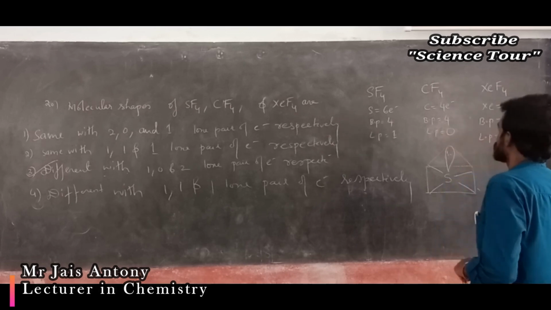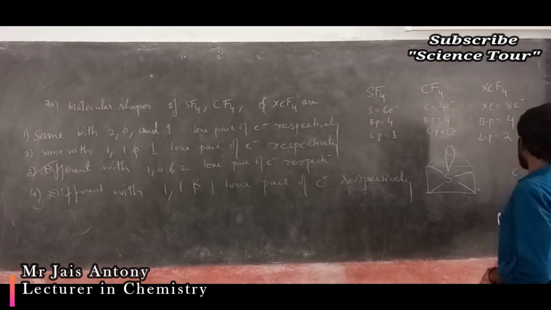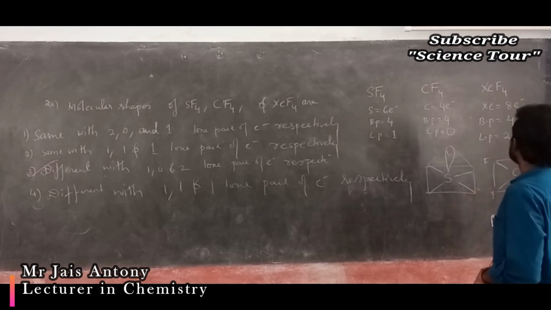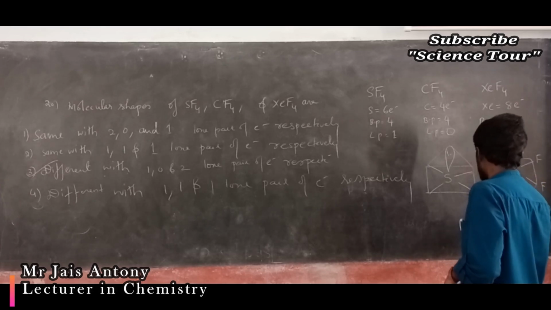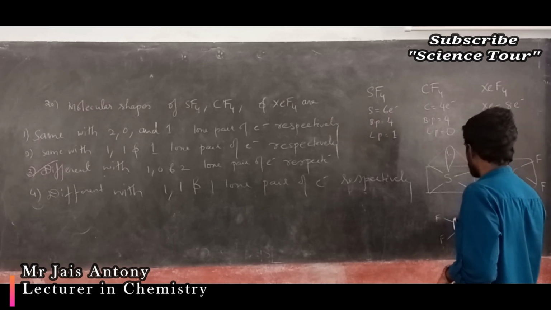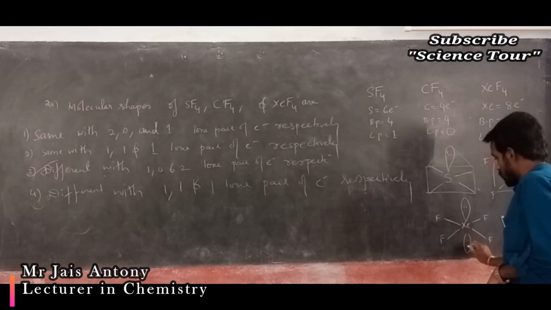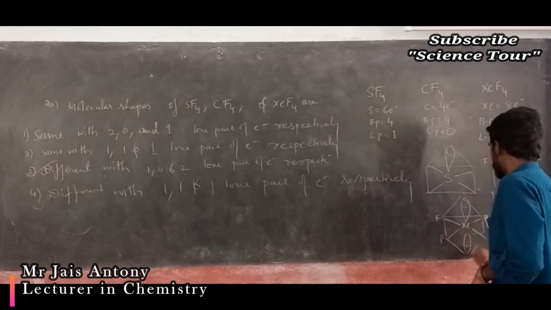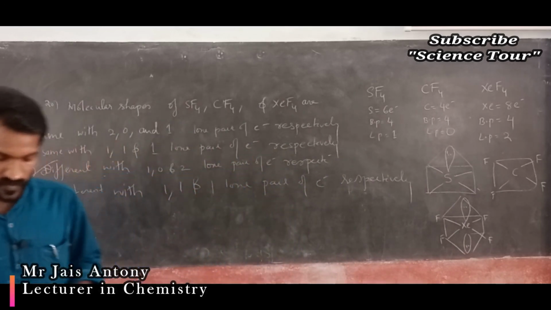Okay. CF4, how does it look actually, my dear students? C with bond pairs, square planar, correct? No. XeF4, my dear students, 2 lone pairs are there. So xenon, F, F, F, F here. See this one, it's very important, my dear students, go through that.